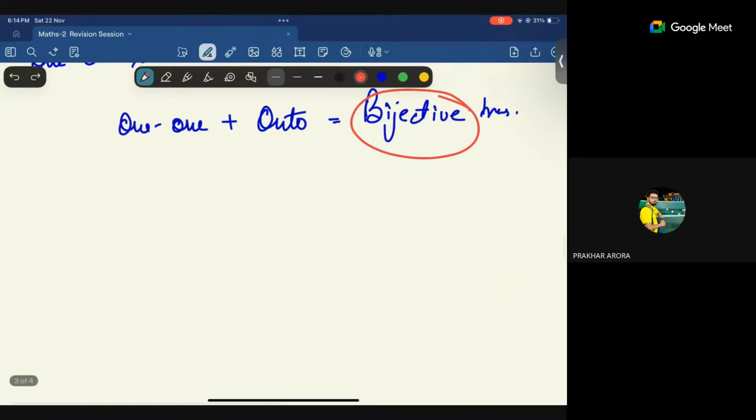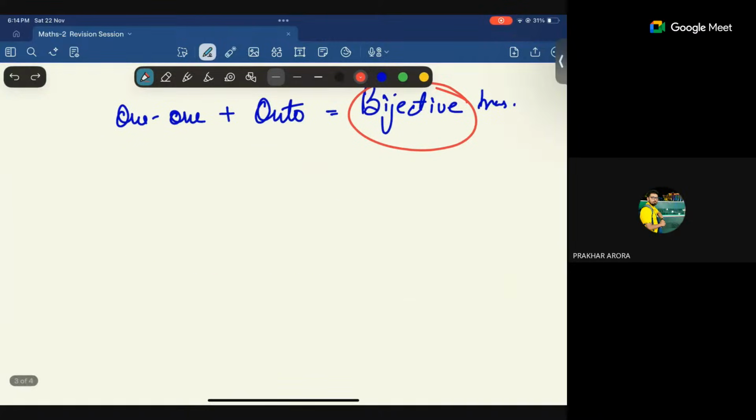Right, so the question that will come is that you have to tell whether the transformation is one-one or not. Okay, we are coming back to how to find this.